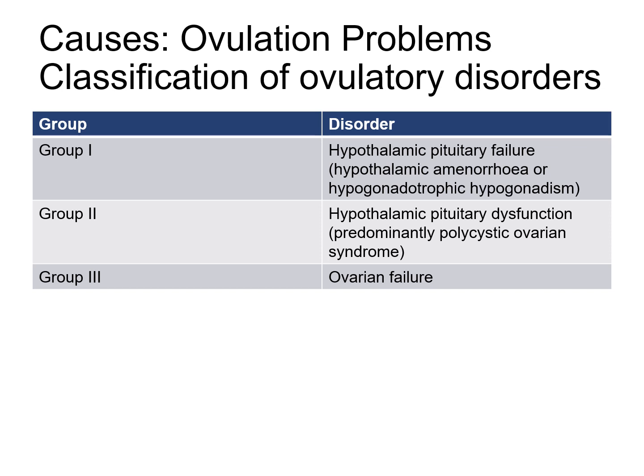Group 1 is where the axis has failed at the hypothalamus or pituitary level. That is your hypogonadotropic hypogonadism. So the LH and FSH are low, which means that because there's not enough to stimulate the ovaries, the estrogen level is also going to be low. Hypogonadotropic, low LH, FSH; hypogonadism, low estradiol.